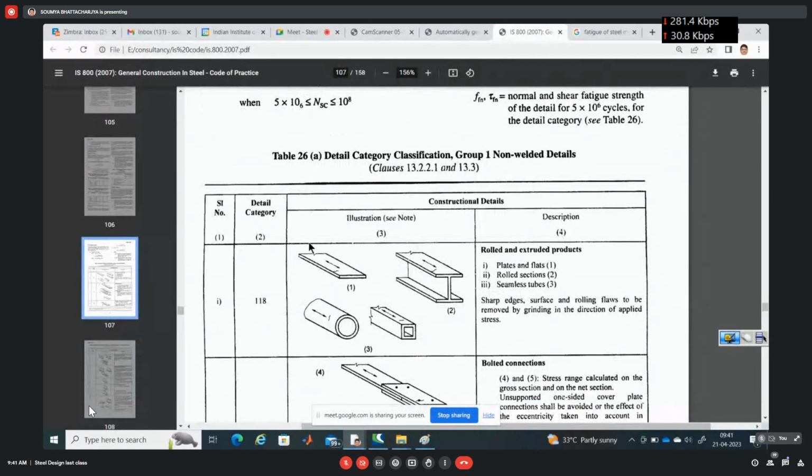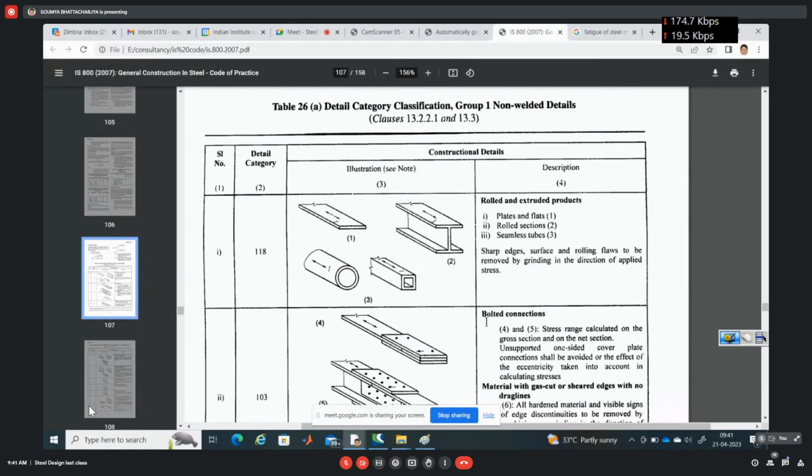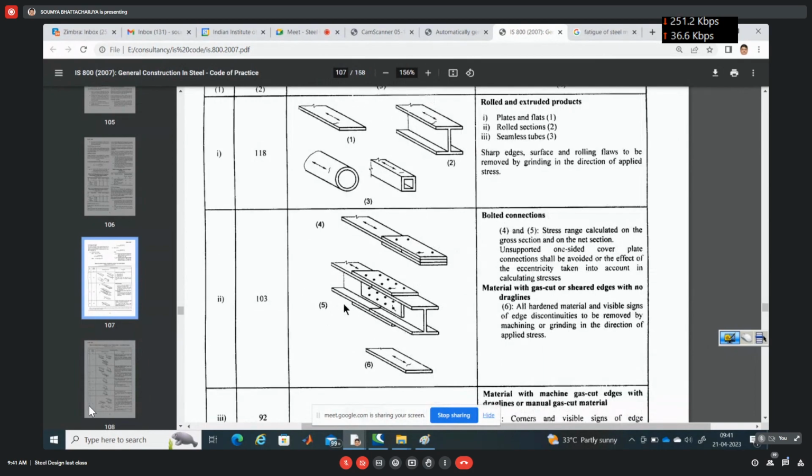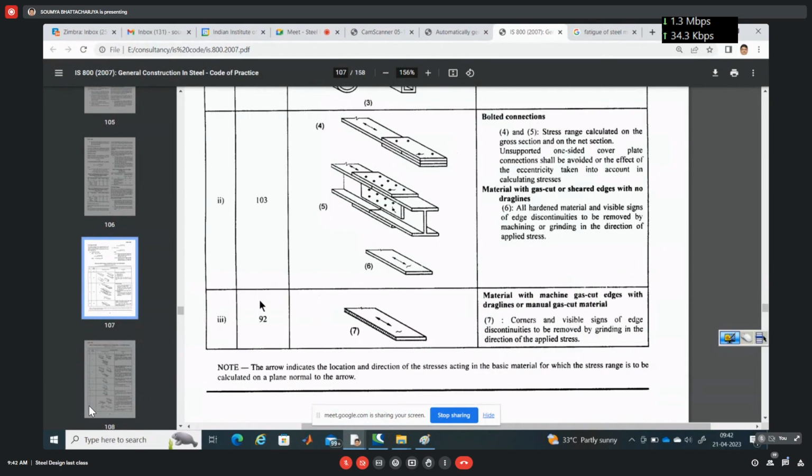If it is a solid section, then the detail category is 118, the highest detail category. If it is bolted, the detail category is 103. Then if it has gas-cut edges, like here where this edge is cut by gas flames, then the detail category becomes 92.